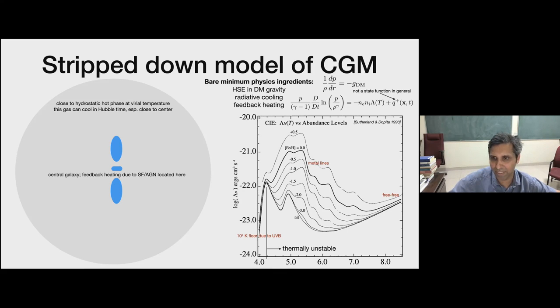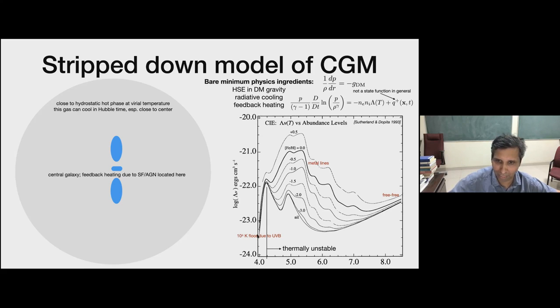At lower temperatures, ions are not fully ionized, and you can have atomic transitions of oxygen and so on. And below 10^4 Kelvin, hydrogen starts recombining, and you cannot excite atomic transitions, and there is a steep fall in the cooling curve at around 10^4 Kelvin.